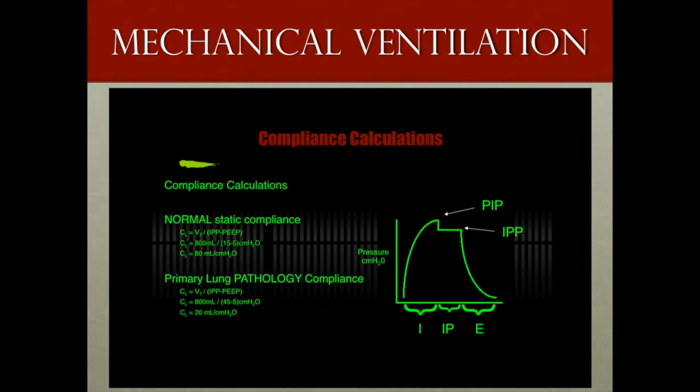If we then take all of the same numbers, except we increase the inspiratory plateau pressure to represent a patient with active pathology, we will see for the same 800 cc tidal volume, if the plateau pressure is 45 minus 5 of PEEP, the compliance drops dramatically to 20 milliliters per centimeter of water.